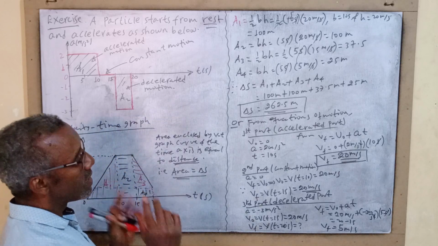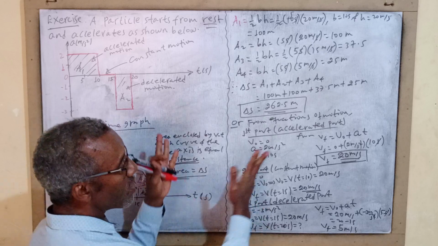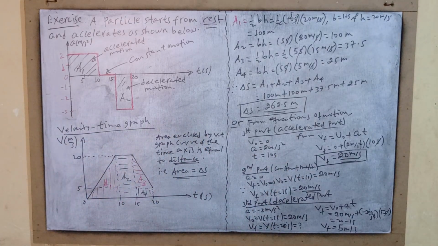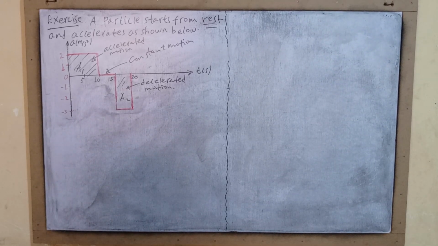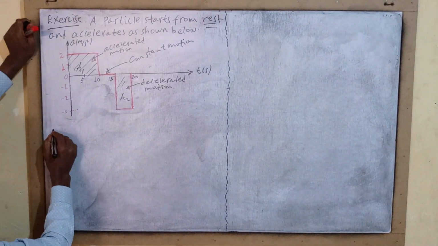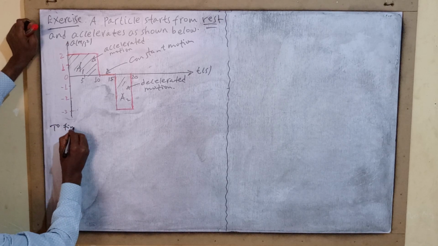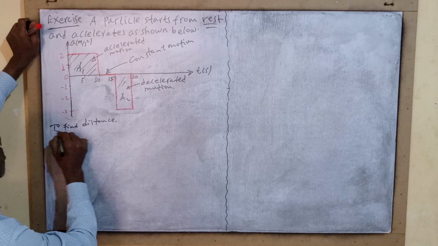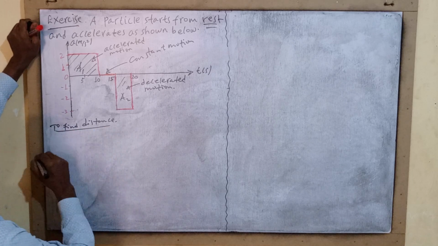The next part, distance. How can we find the distance traveled by the particle in the first 20-second interval? To find distance, let's use equations of motion.